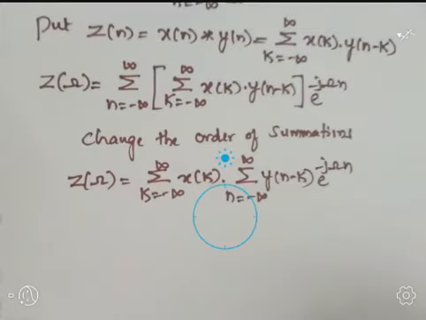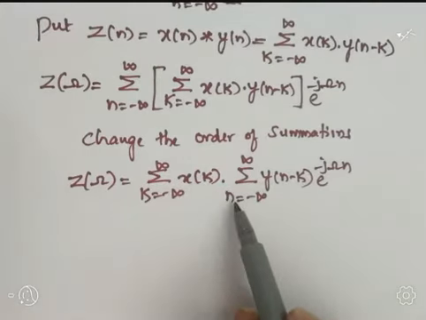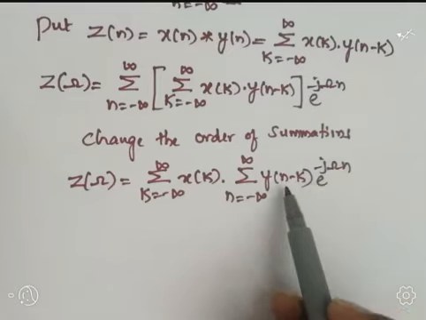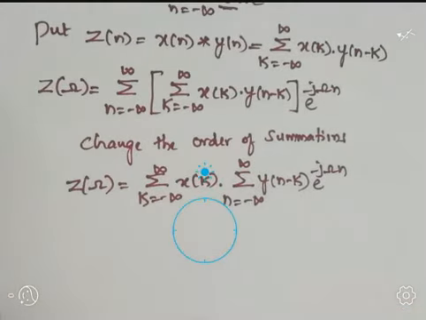Because here index k is there, I have taken this summation term separately, but in this case index n is there. In both terms the parameter n is present, because of that I took index k and index n separately with respect to summation.